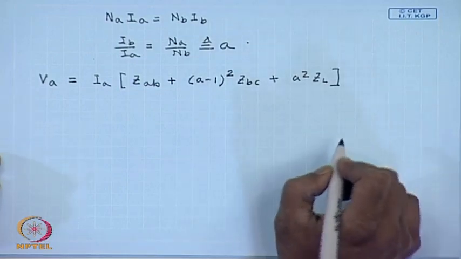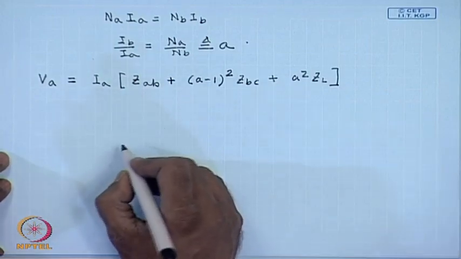Hence, the equivalent circuit of the autotransformer can be drawn as follows.